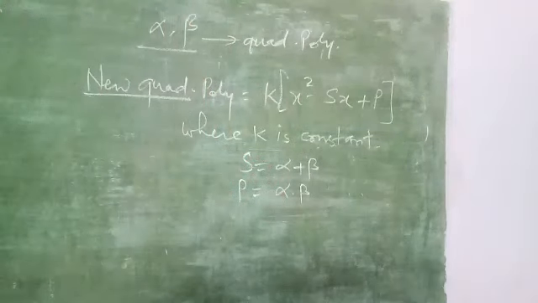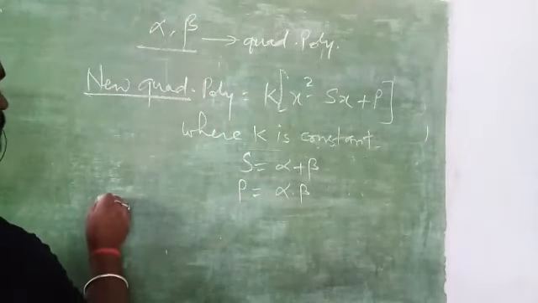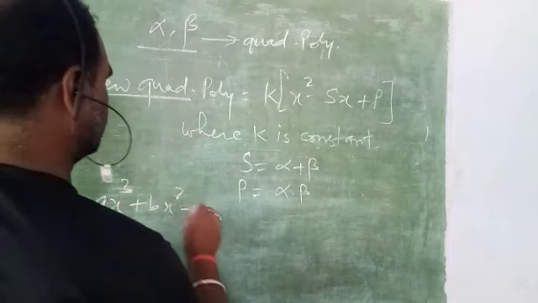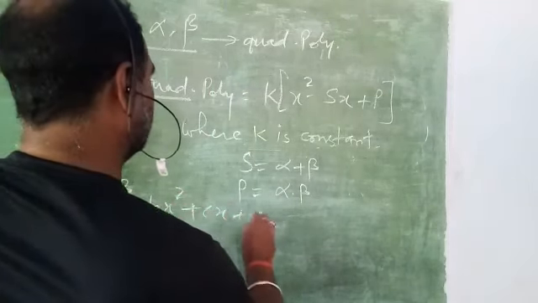Now see for the cubic, the general form of the cubic is ax cube plus bx square plus cx plus d.